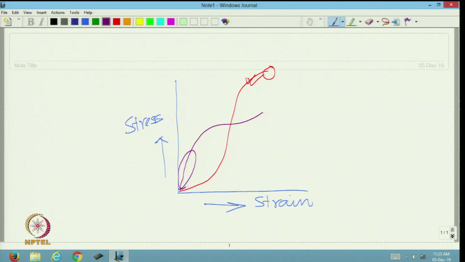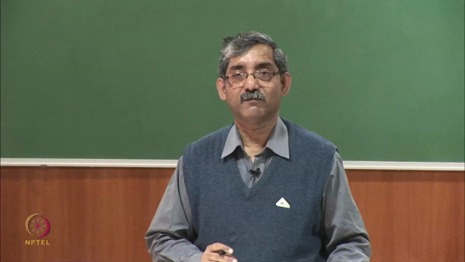We never reach the stress condition up to the ultimate breaking strength. So, our stress condition is limited to lower level because we use very high factor of safety.